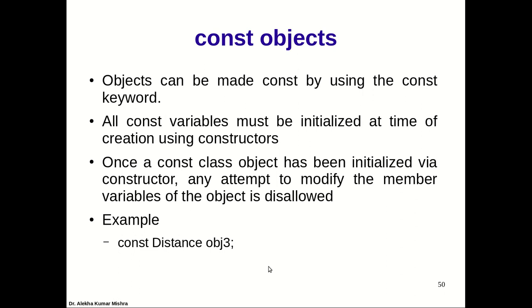It is up to you how you initialize the object, through a copy constructor, a parameterized constructor, or a default constructor. But once the member values of these objects are initialized, they are going to be fixed, and any attempt to change these values will give an error. That is the idea of a constant object.